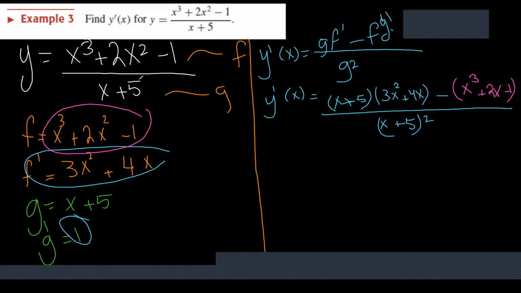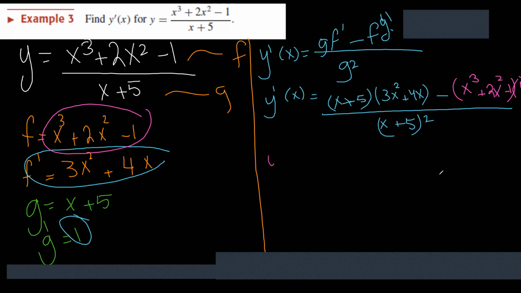Okay, teacher. There is something wrong in the equation. It is x cubed plus 2x squared minus 1. Yes, thank you. 2x squared minus 1 times g prime, which is 1.